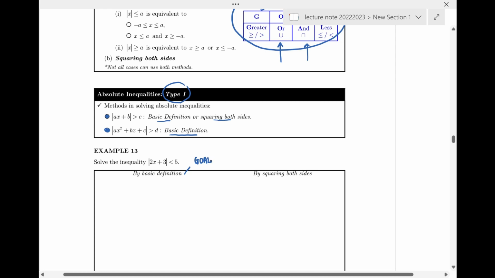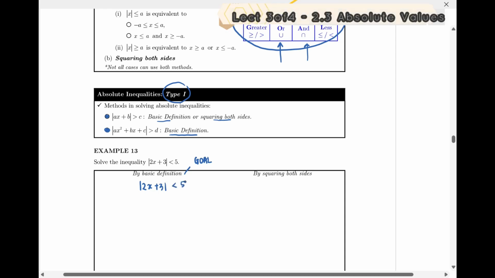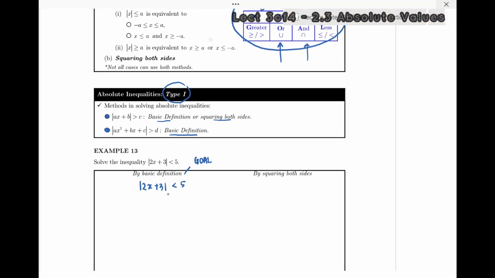Now from the question itself, modulus 2x plus 3 less than 5, I rewrite it: modulus 2x plus 3 less than 5. So if you see the modulus part is only on one side of the inequality, then you can apply the goal.